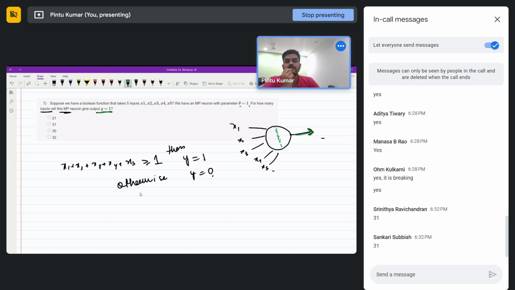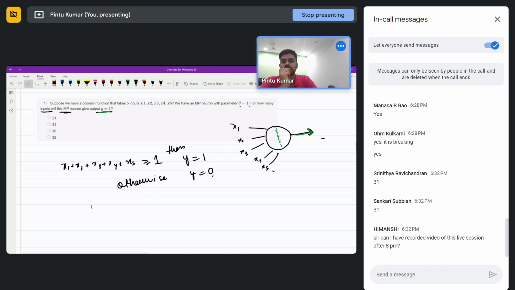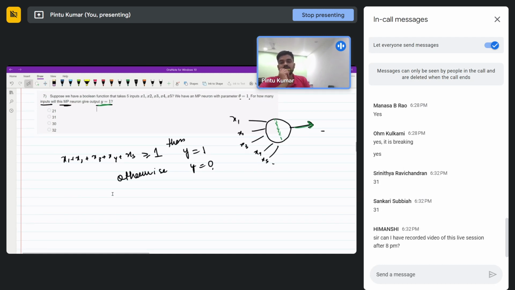Yes, that is correct, but we'll solve for the others also. So now let's see, 2 raised to 5.